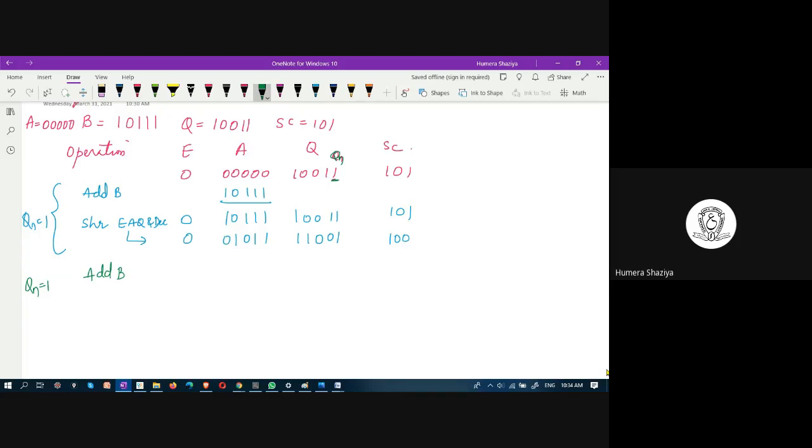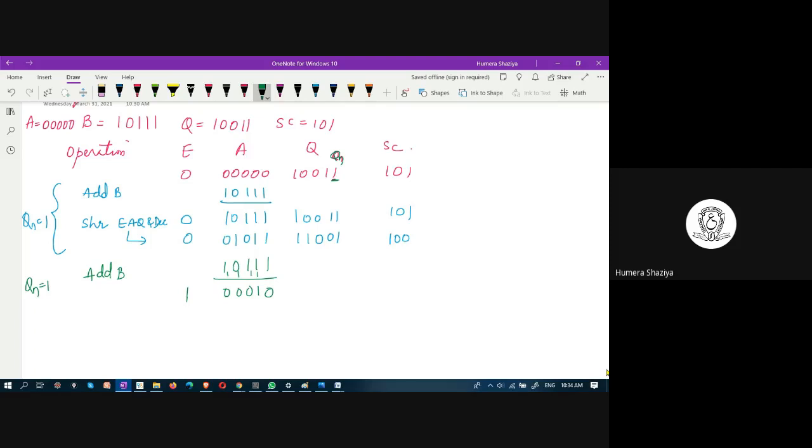A is this. B is 1 0 1 1 1. After adding B, this is equal to 0 carry 1. This is 1 1 1 1 carry 1. 0 carry 1, 0 carry 1, 0 carry 1.